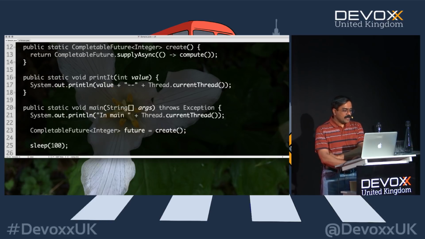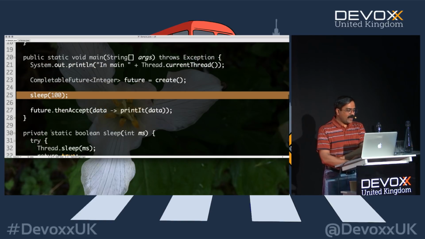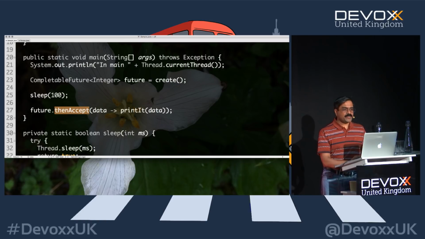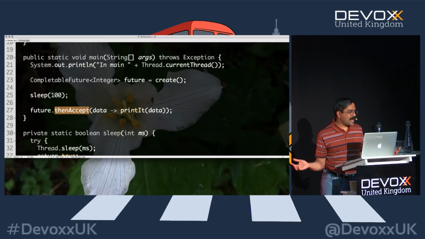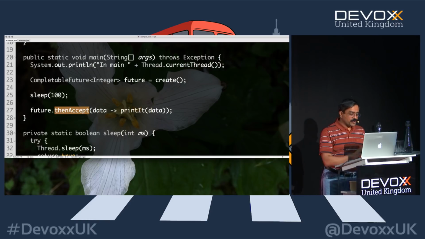Now you know that by the time I finish the sleep, the CompletableFuture is not completed yet. So when I come and call the thenAccept, what does the main say? The main says, well, I'm not going to wait around for you to finish. I don't know when you will finish. You may never finish, who knows? So I'm going to be non-blocking, and the main goes away.